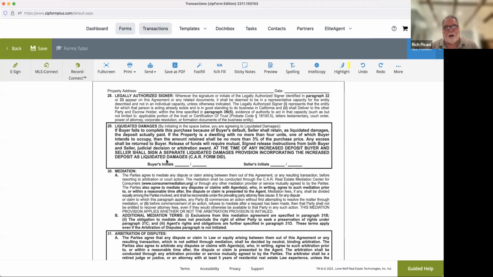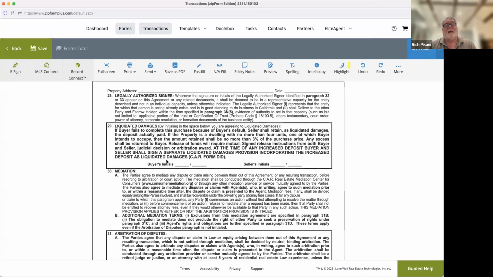So if it's owner occupied, liquidated damages is 3%. Now, if it's not owner occupied, any amount deposited can be considered liquidated damages. So say there's 5%. I don't know why anybody would put 5% down, but if there's 5% and it's not owner occupied, then that would be liquidated damages.